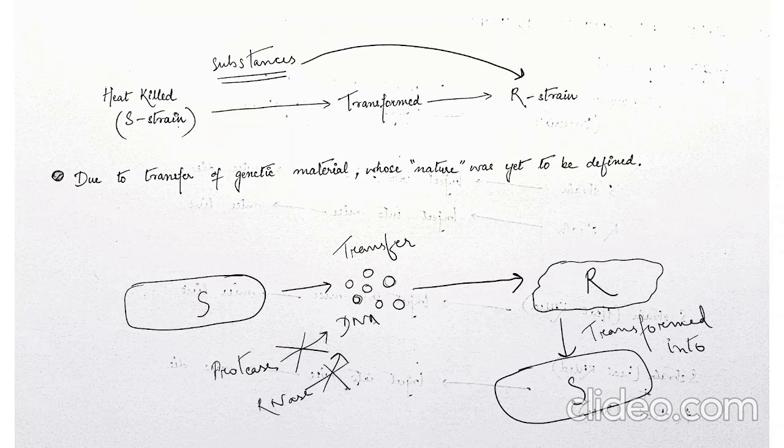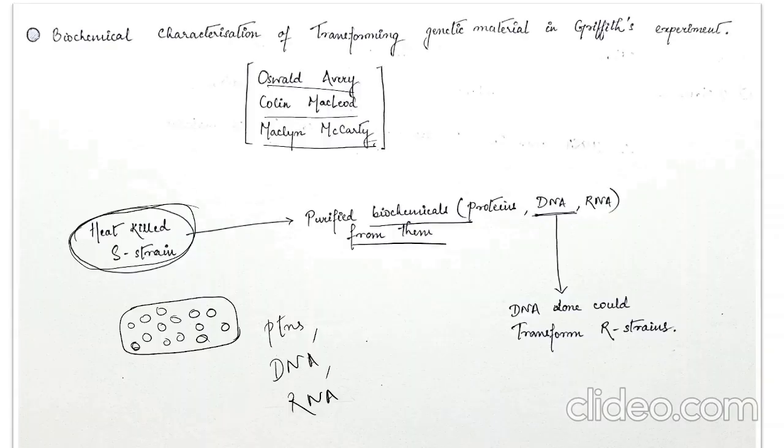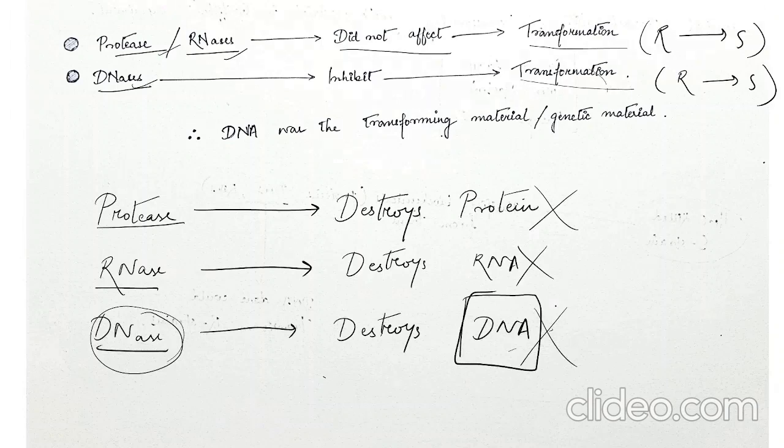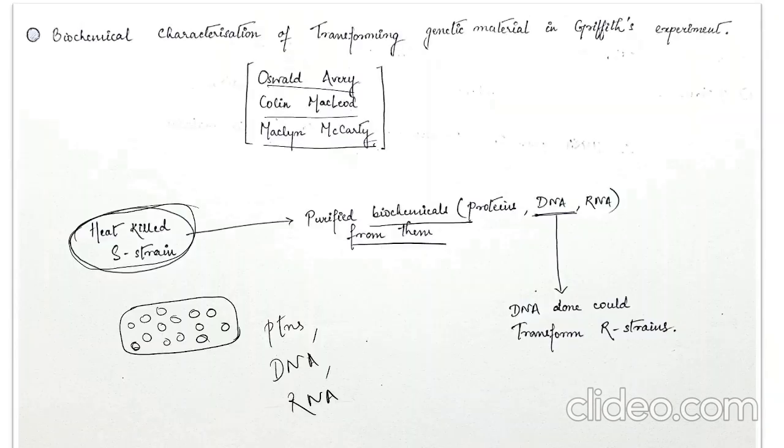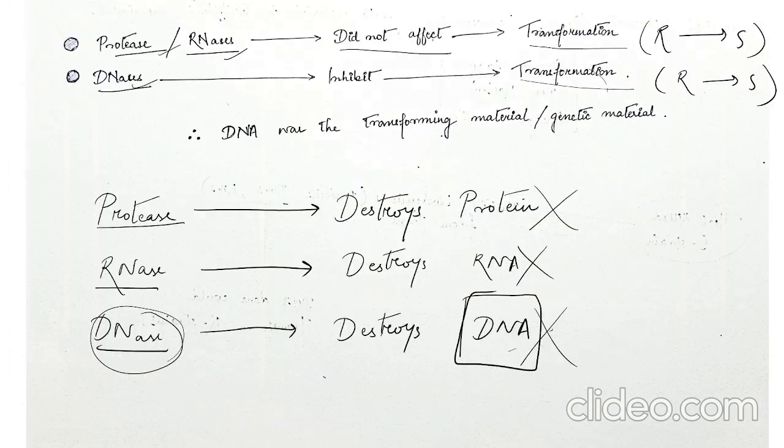On the other hand, DNase will destroy DNA. If DNA gets destroyed, no transfer will take place, and that's why no transformation will take place. So that's why Avery, MacLeod and McCarty came to the conclusion that DNA was the transforming material, or DNA was the genetic material.